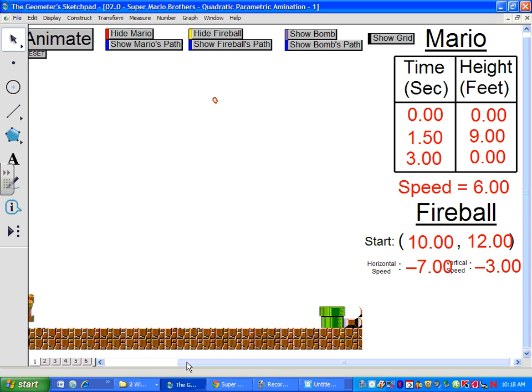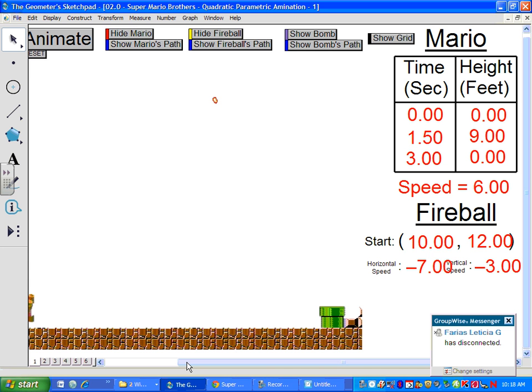Notice my table here I've got 0, 0, 1.59, and 3.00. The speed is 6, I believe was what we had said. And the start, see how the start is 10, 12, which were the two numbers we had, for the 10 feet horizontally and 12 feet high.